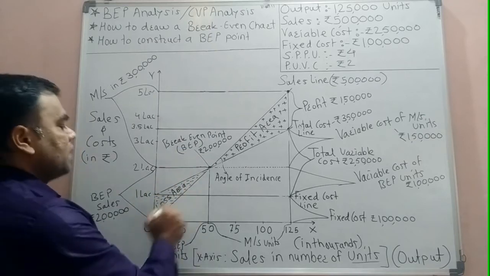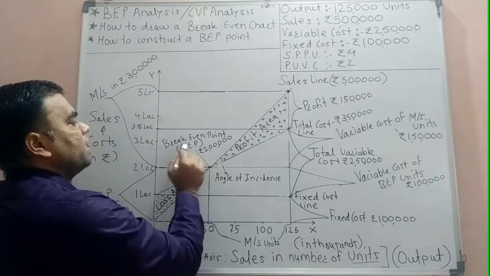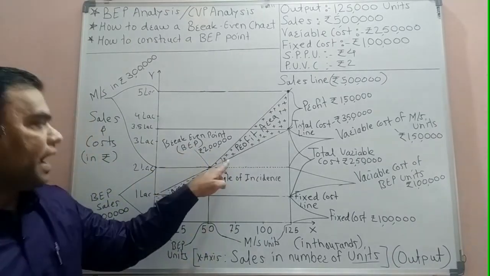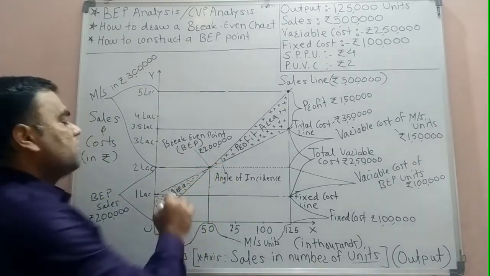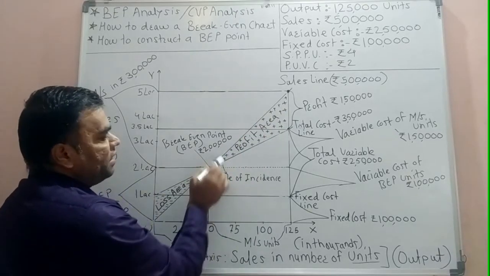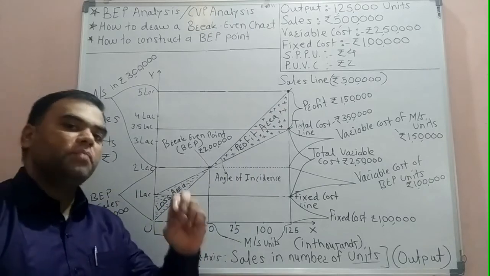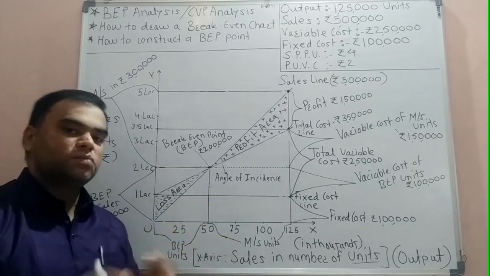And the angle created by the intersection of sales line and total cost line is known as the angle of incidence. If big angle, big profit; small angle, small profit.